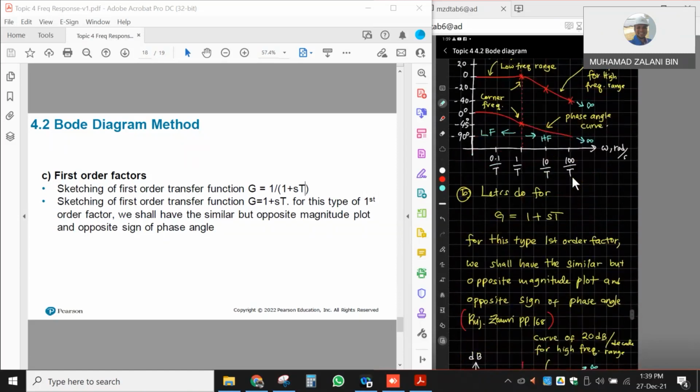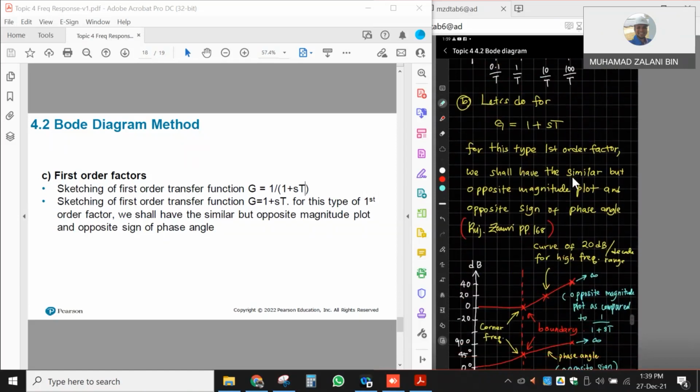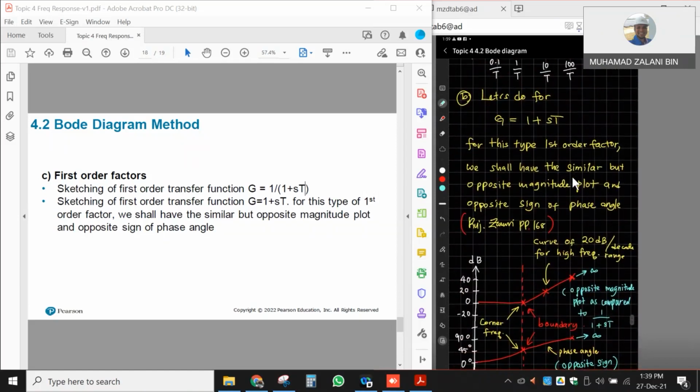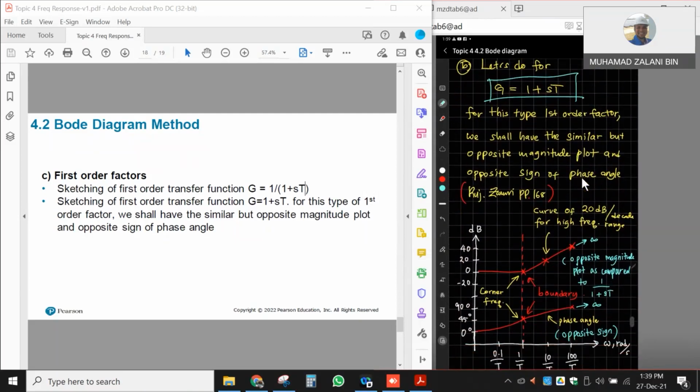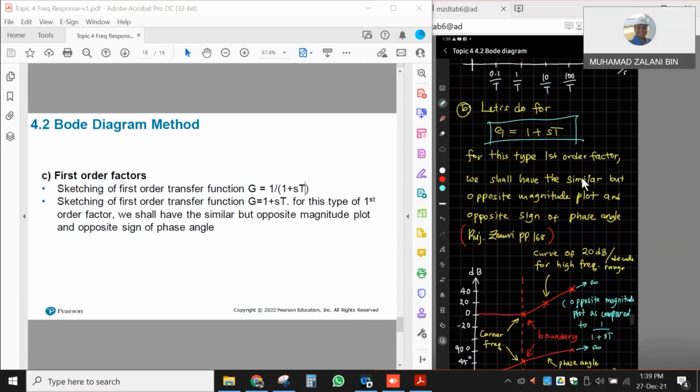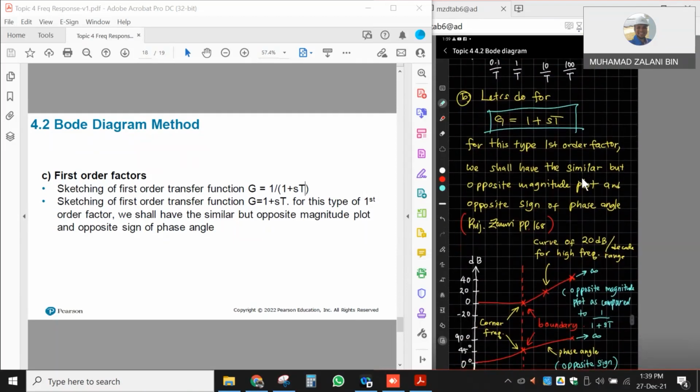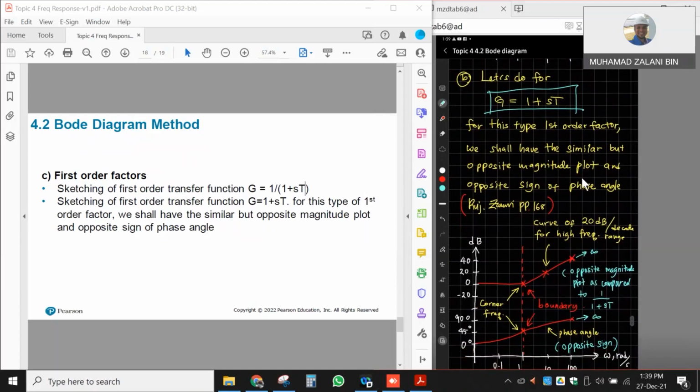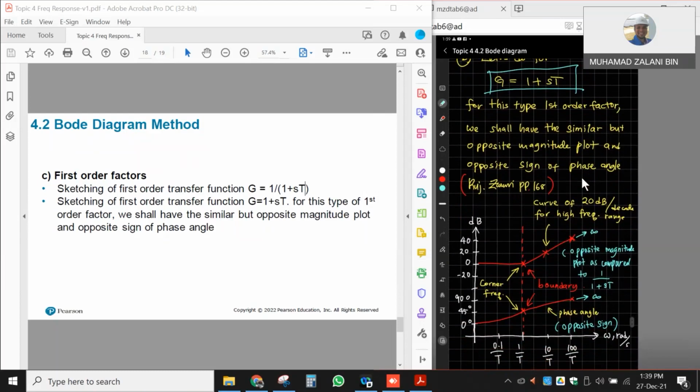For the first order transfer function where the function is G equals 1 plus st, basically I just summarize it. What we should expect when we plot the first order transfer function 1 plus st is a similar but opposite magnitude plot and the opposite sign of phase angle.